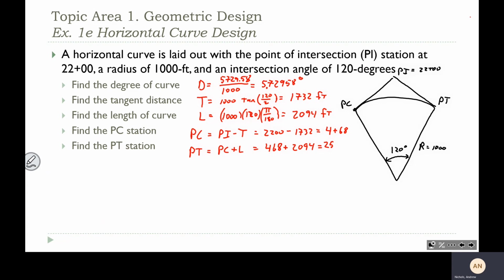Is that right? So these are much simpler calculations than the vertical curves, for sure. They give you just about every equation you could possibly need, except for the PC and PT station.